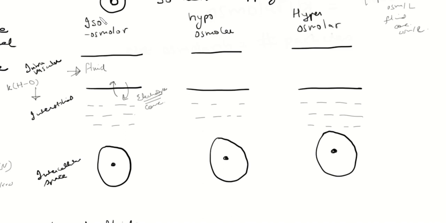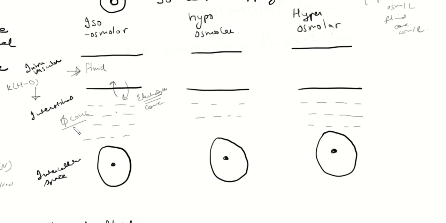So if I give somebody fluid where the concentration of the fluid is the same as that of their blood, essentially I'm not going to change the concentration of this compartment here.